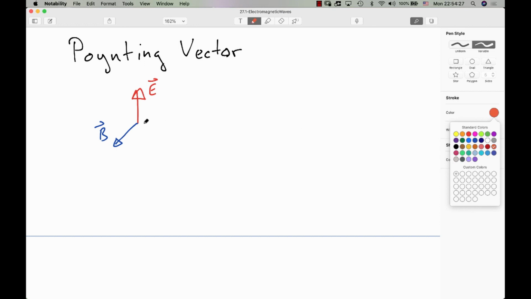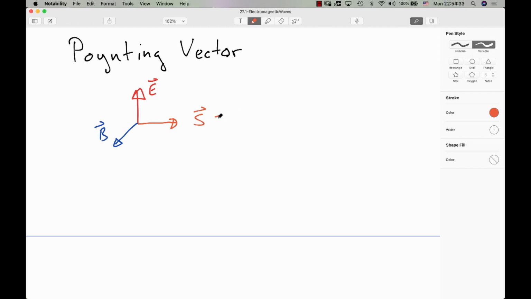Orange. The Poynting vector, S, is defined to be 1 over mu naught times E cross B. So again, go and convince yourself that that works out. Take your right hand, put the electric field on your index finger, put the B field on your middle finger.